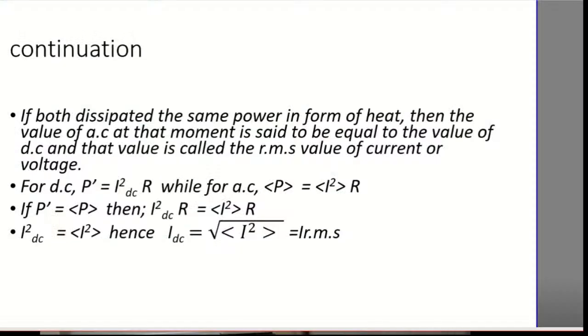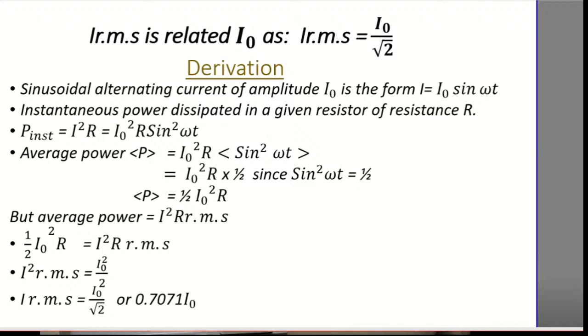Now, you're noting that the RMS value of current is related to the peak value of current by the formula I RMS equal to I naught over root 2. Now we need to know the derivation, where we are getting that formula, and how we can show that the RMS value of current is given by that value.